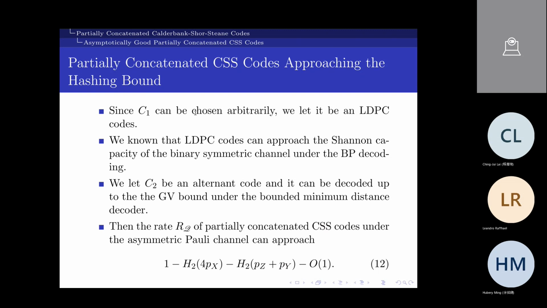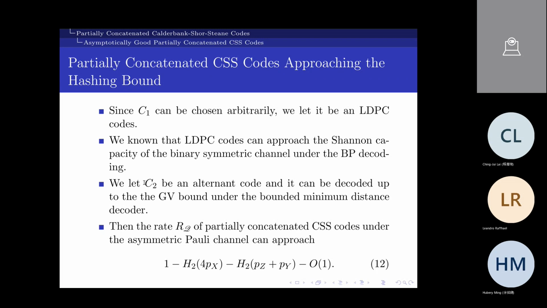Since C1 can be chosen arbitrarily, we let it be an LDPC code. And we know that LDPC codes can approach the channel capacity of the binary symmetric channel under BP decoding.